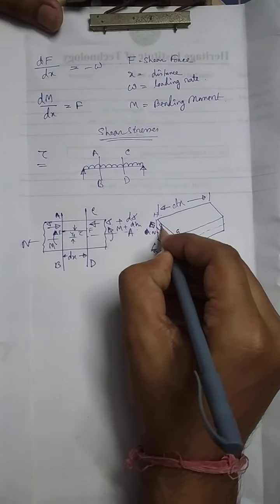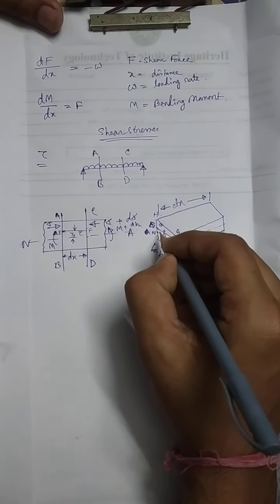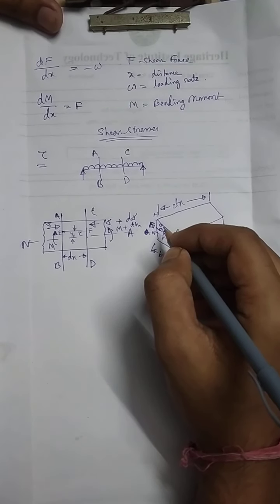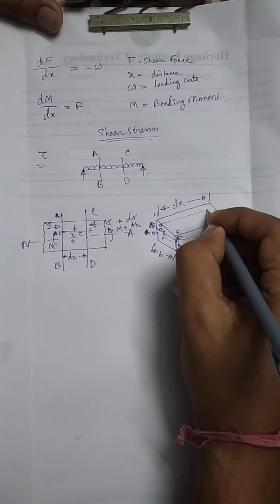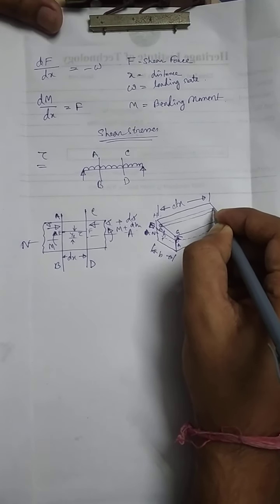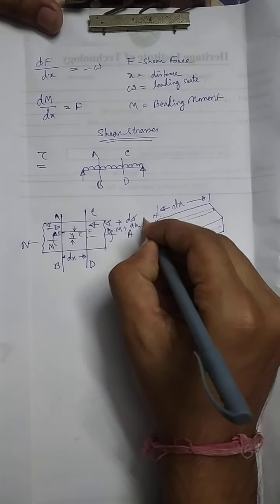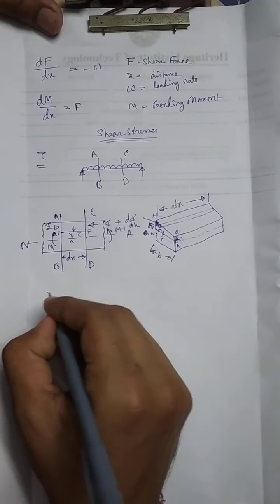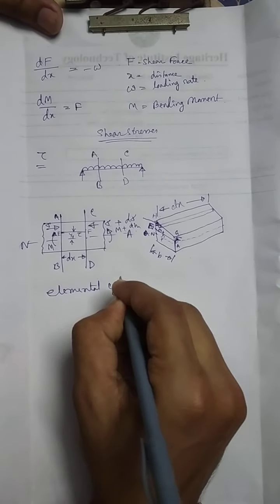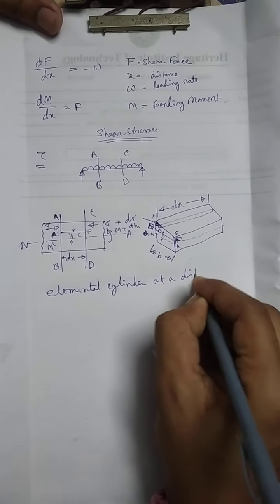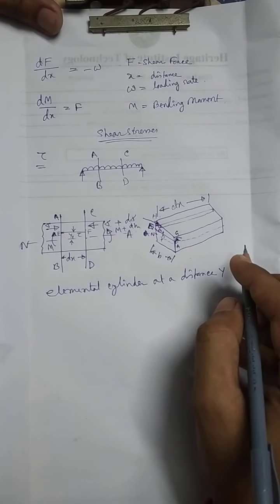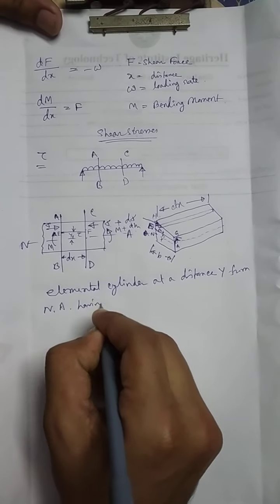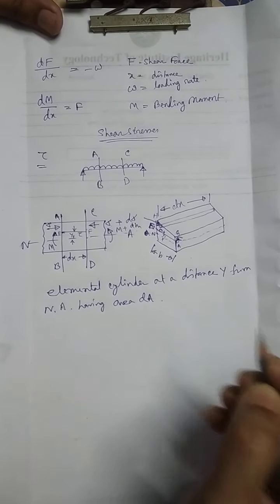For that we will consider an elemental cylinder at EF at a distance y from the neutral axis, having area dA.